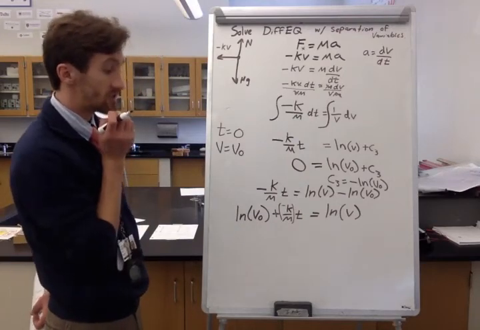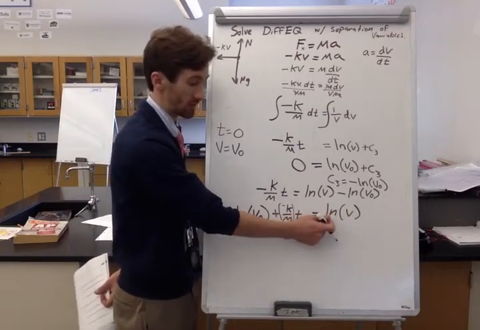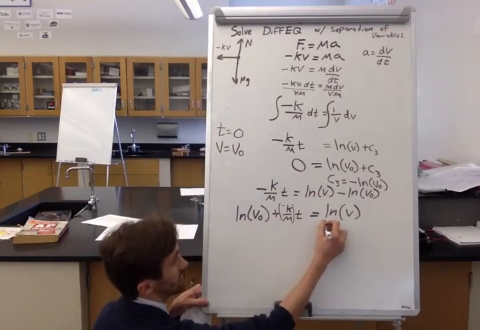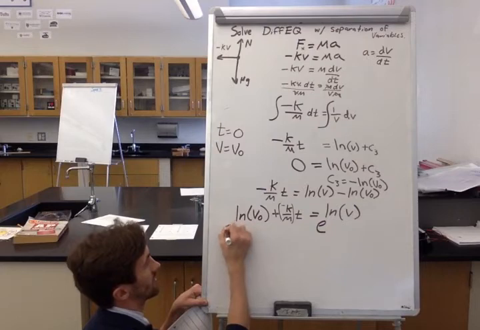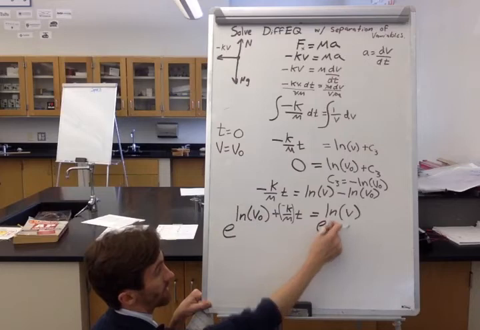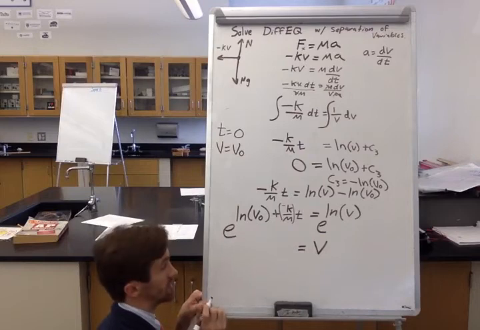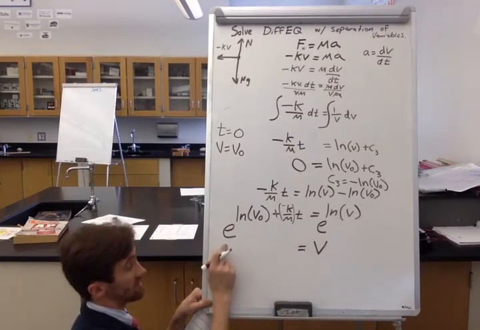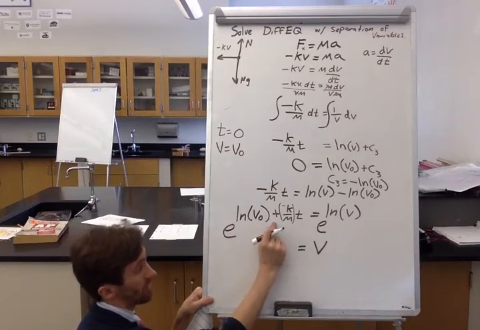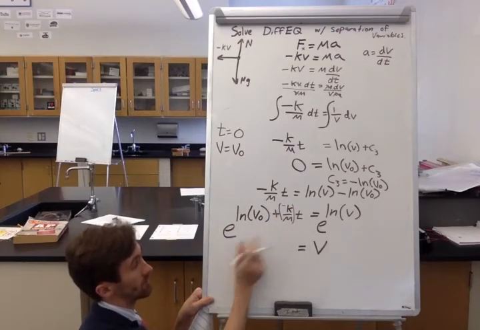So now I need to get v by itself. I have to do the inverse of the natural log, which means I'm going to take each side and make it the exponent of e. When I take e raised to the power of the natural log of v, that's going to give me v. When I take e raised to the power of the natural log of the initial velocity plus the power of negative k over m times t, remember that becomes multiplication.